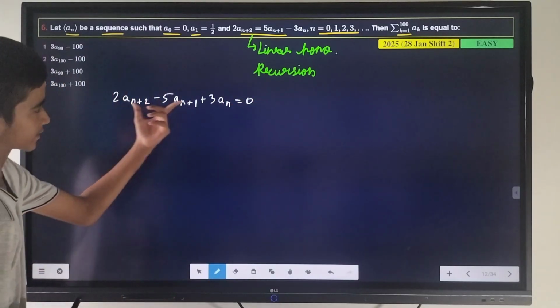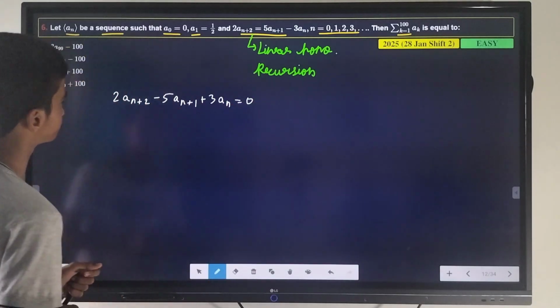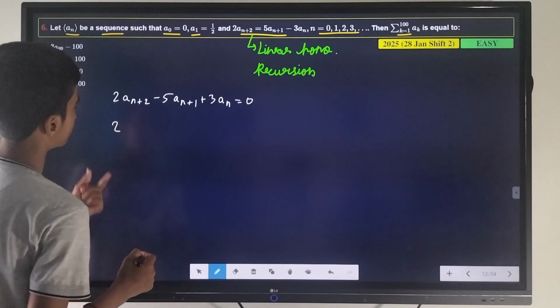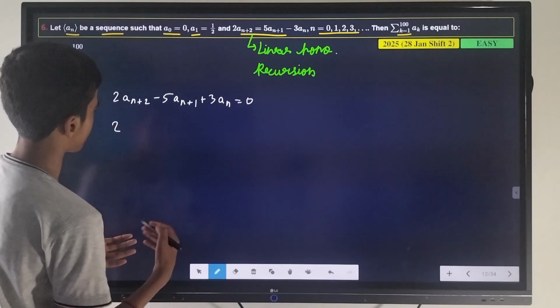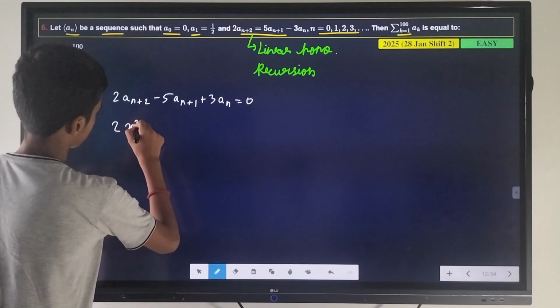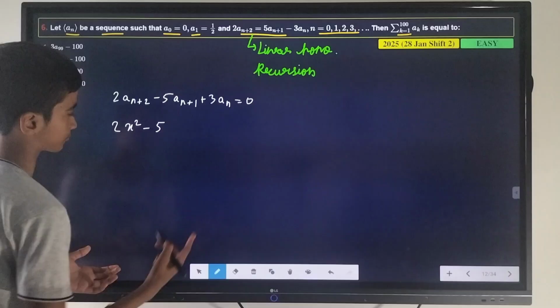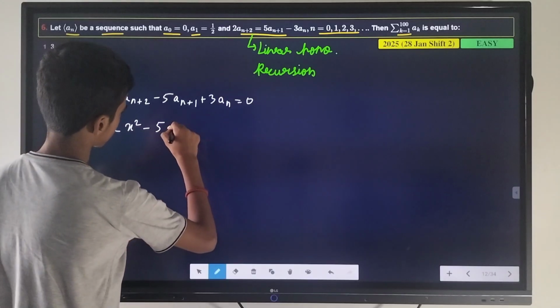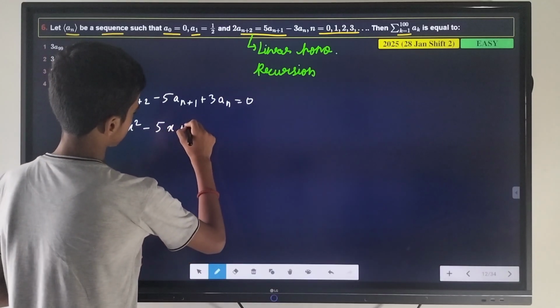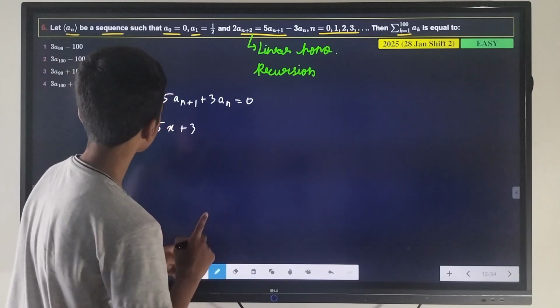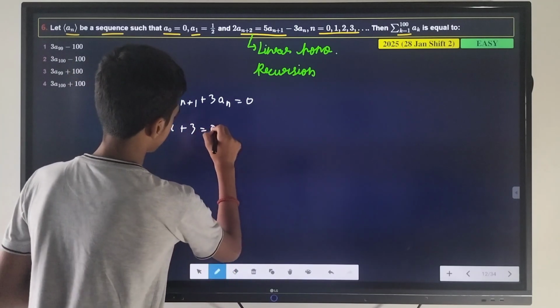Now we will make characteristic equation of this one. So this will be 2. We will replace a n plus 2 as x square, minus 5 times a n plus 1, we will replace it as x, plus 3 times we will replace a n as 1, is equal to 0.